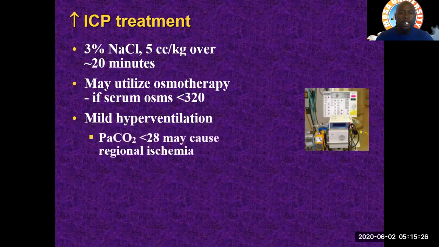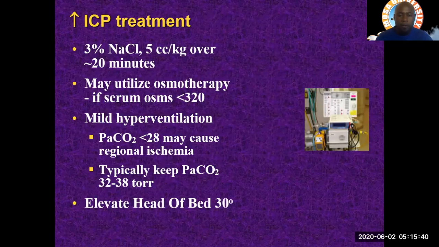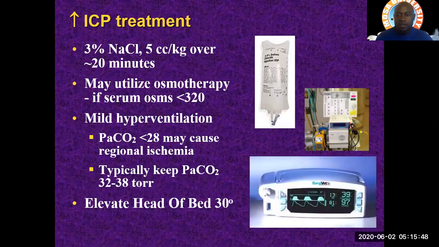Also, we may do mild hyperventilation. We monitor and keep the PaCO2 pressures between 32 to 38 torr. Also, where this patient is resting, you elevate the bed to 30 degrees.